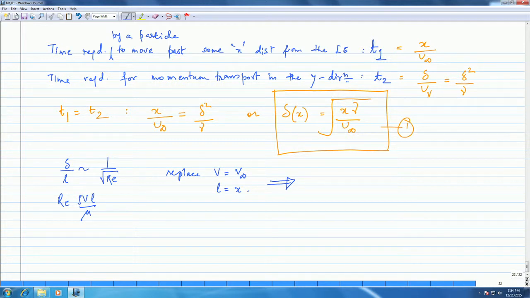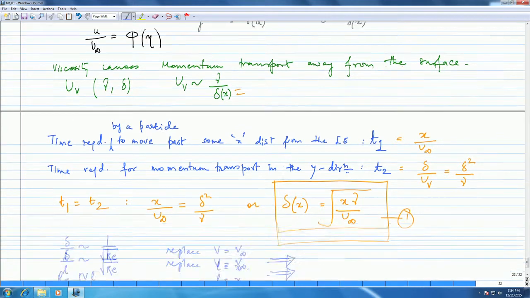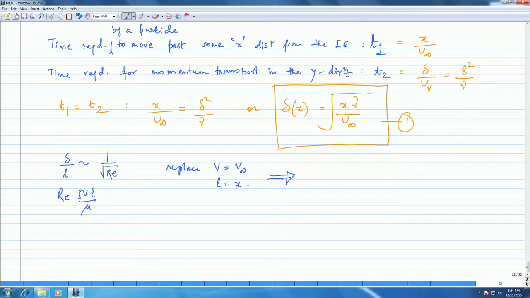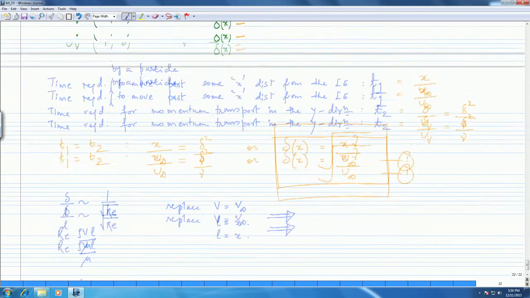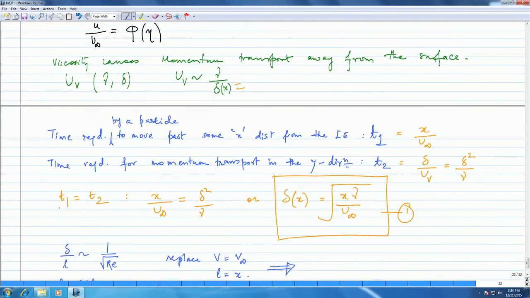Now let us go back and say that we had this similarity variable, which is y by delta x. So we are going to call this eta, the similarity variable, because that is what we are using to scale the velocity profiles at different x locations.